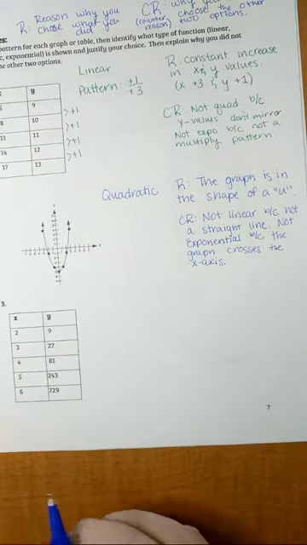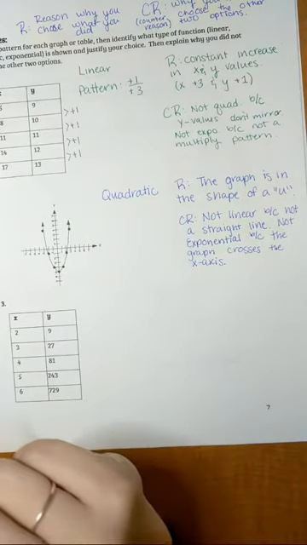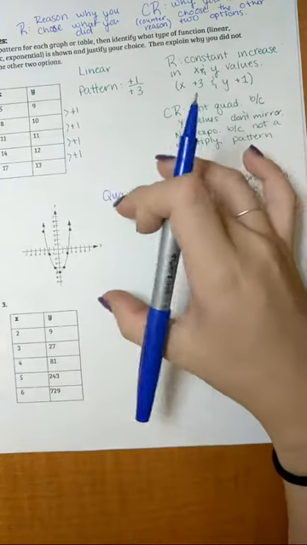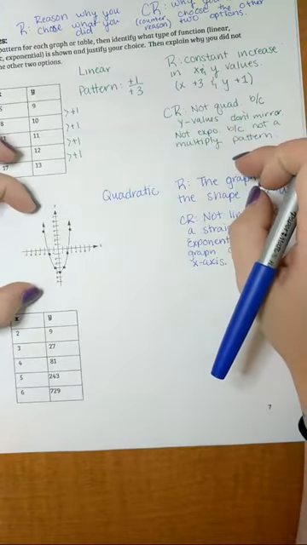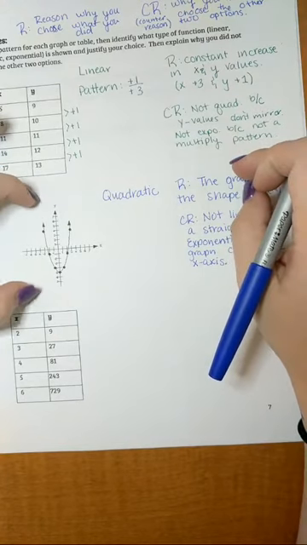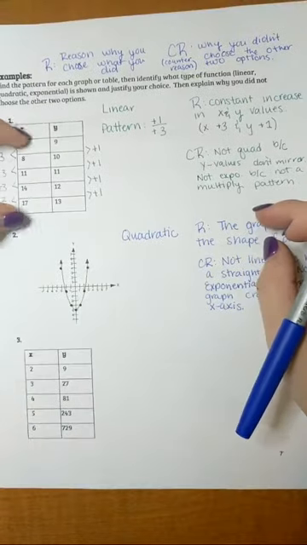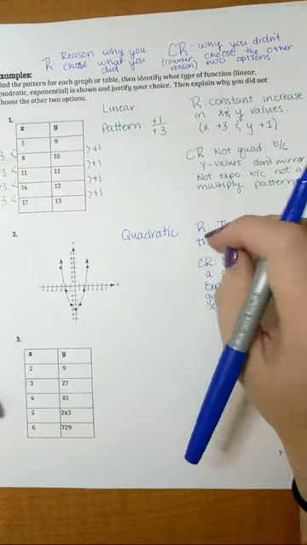Okay. So the last thing that we have to do is figure out the pattern. So what's difficult about looking at a graph is finding the pattern. So what you should do is come up with a table of your points, and then we can do it just like how we did up here.